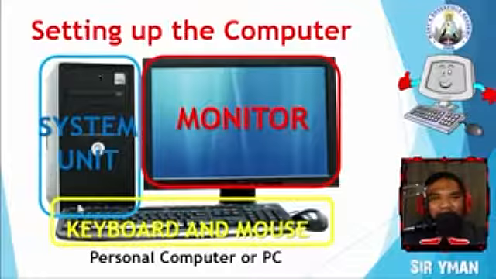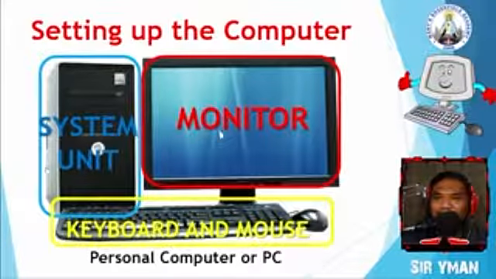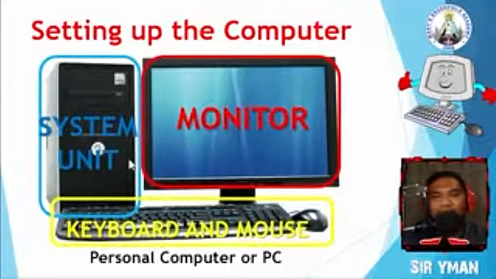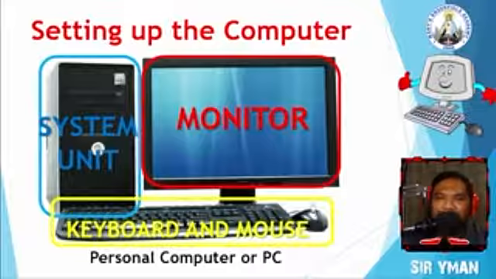Yung system unit, ano kaya yung mga nasa loob nito, no? So, we're going to identify kung ano-ano yung mga internal and external parts of a system unit. Okay? So dito madali na kasi these are just the basic parts na madalas natin makita. But yung system unit na ating pagtuunan ng pansin, ano?